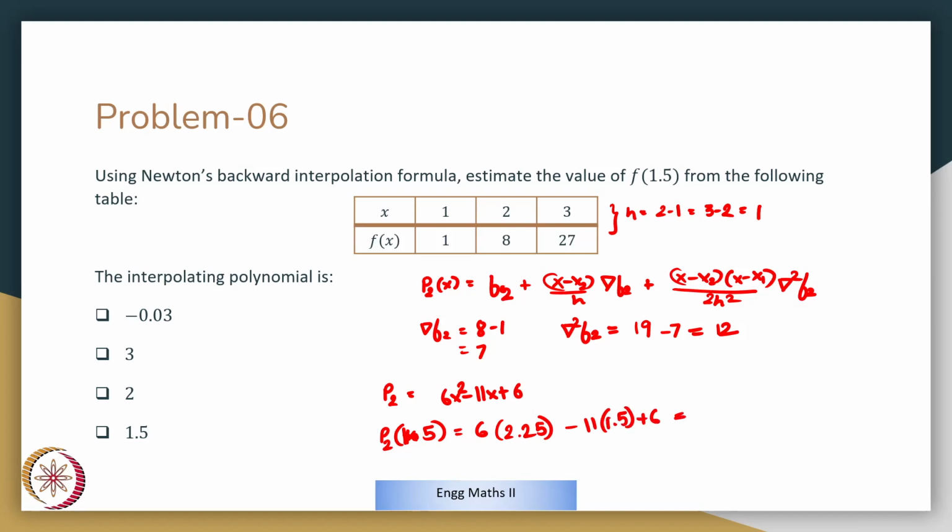So this is 13.5 minus 16.5, so minus 3 plus 6, which is 3. So we end up with option number B. So using Newton's backward interpolation formula, we calculated a second order polynomial approximation for f of x, which we then use to approximate the value of f of x at x equal to 1.5, which ends up being 3.